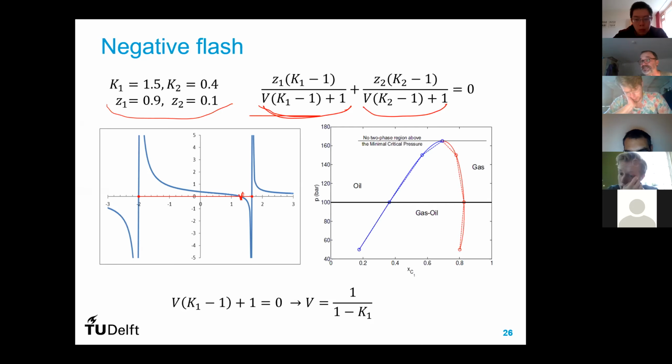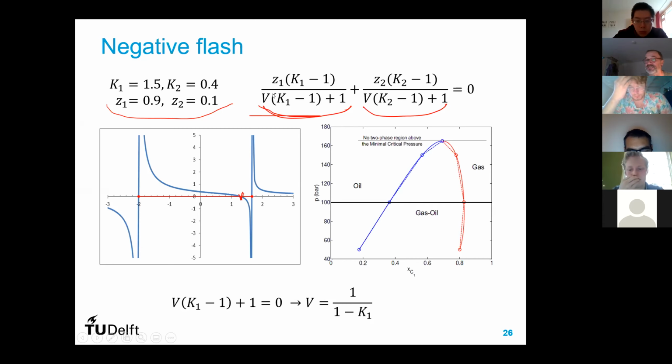It also makes sense because this change between asymptotes of V, between something negative and positive, is equivalent to changes in composition between 0 and 1.